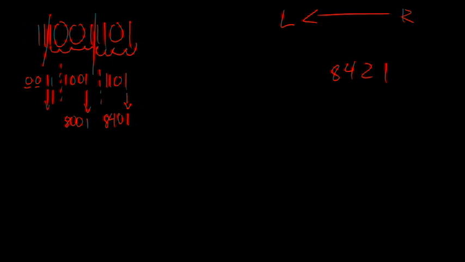Again 1, and then 2. We will add this. So 1 plus 4 is 5. 5 plus 8 is equal to 13. Here, 1 plus 8 is 9. 1 plus 2 is 3.